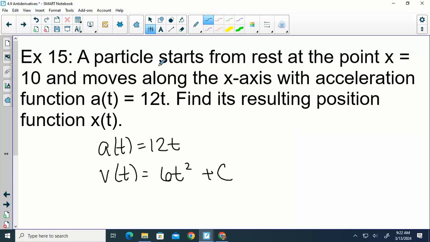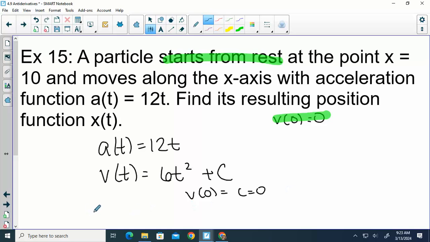Here's what we know. If it starts from rest, that means the velocity at the beginning was 0 because it was at rest. So if you plug in 0 for your t, c is 0.